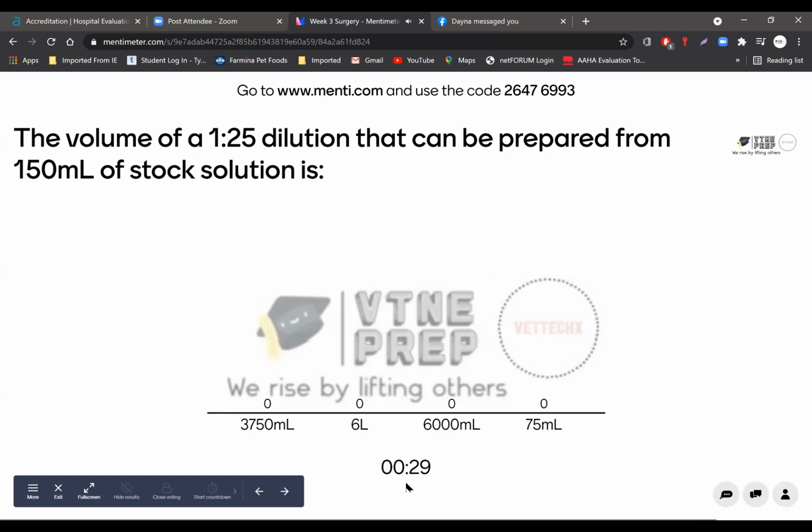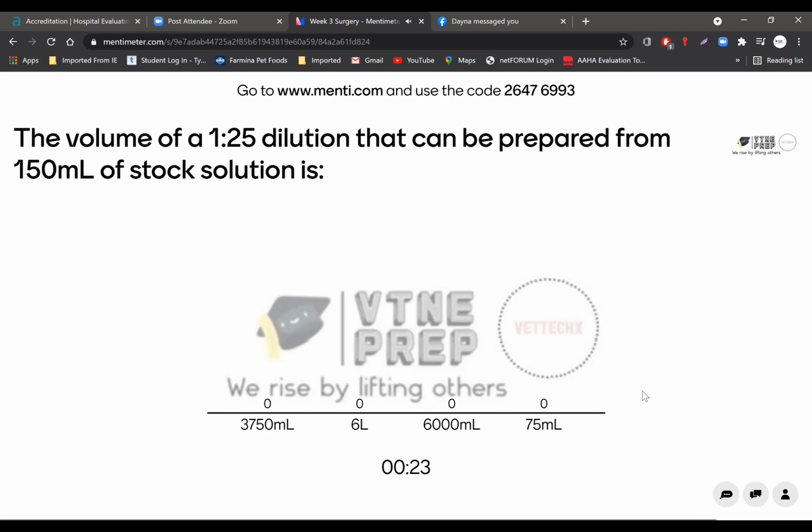All right. So how do we make this? All right, so if a volume of a 1 to 25 dilution can be prepared from 150 mLs of stock solution is what? So we're taking that stock solution and we need to dilute it to a 1 to 25.